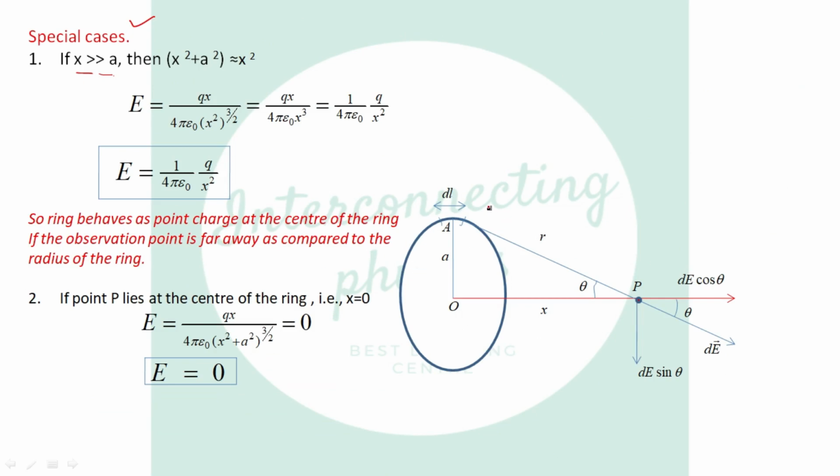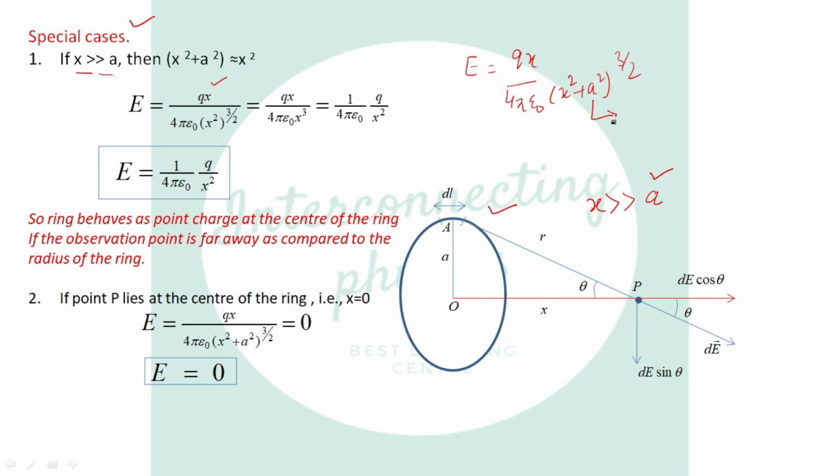So you see from the diagram, if x is very much greater than a, it means the radius of the loop is very small and the observation point is very far away from the center of the loop. So we can neglect a, we can neglect the radius. So you see from this relation, E is qx over 4 pi epsilon naught (x square plus a square) raised to power 3 by 2.